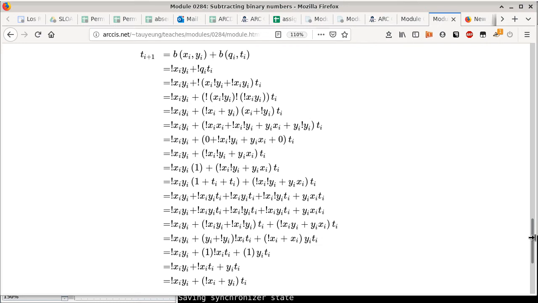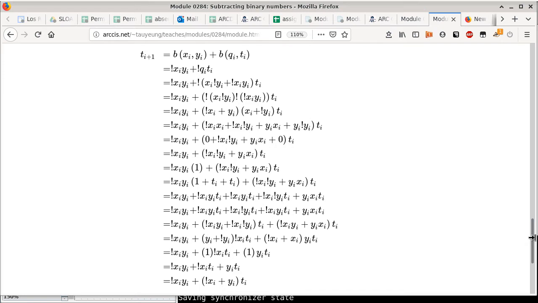So if you ignore all the stuff in between, the bottom line is t subscript i+1 is now derived to be not xi, yi, or not xi or yi, the whole thing, and ti. Is that okay? All right. So we'll get back to this derivation later, but for now, we'll just trust the derivation and say that this works.